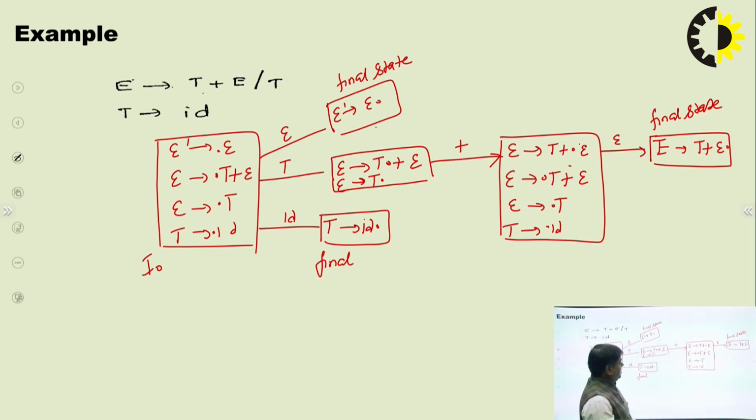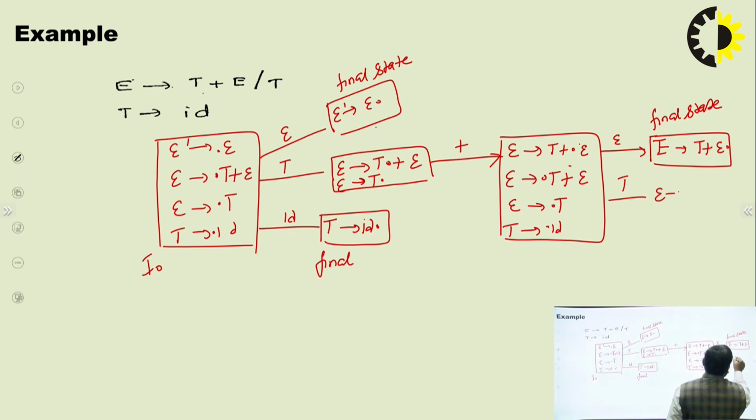Yes. If we move this, then no further explanation is allowed. It means T and E tends to T plus this and E, and again here this one.